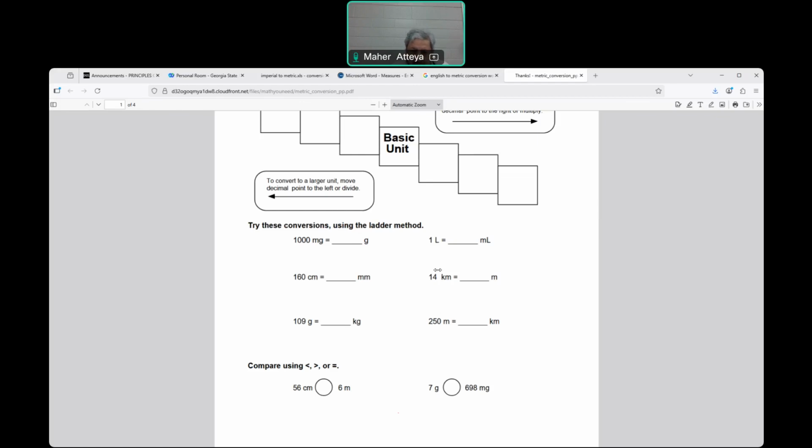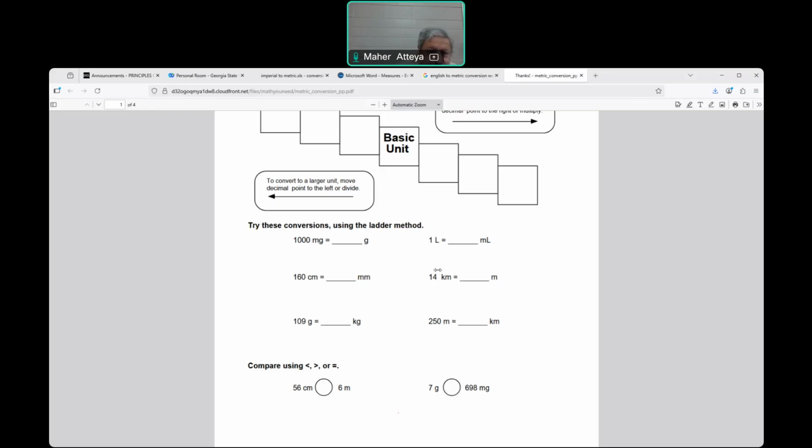For example, I have 160 centimeters into millimeters. As I said, we have to go through the basic unit, which is the meter in this case, for length, and then look at the prefix value.